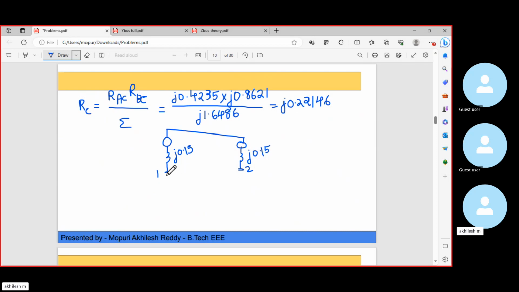Now here it is connected in the new star connection.